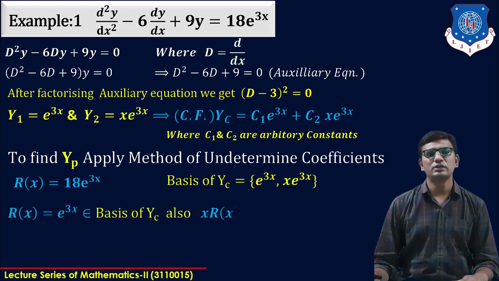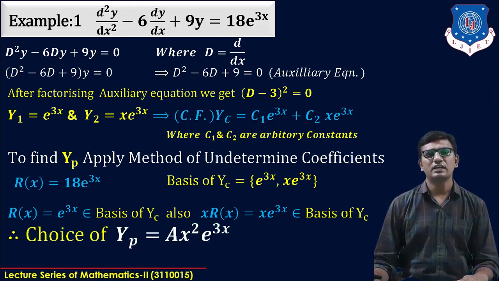Here R(x) belongs to the basis of Yc, as well as x e^(3x) also belongs to the basis of Yc. So our choice of Yp is a x² e^(3x), so we have to multiply our choice of Yp by x².